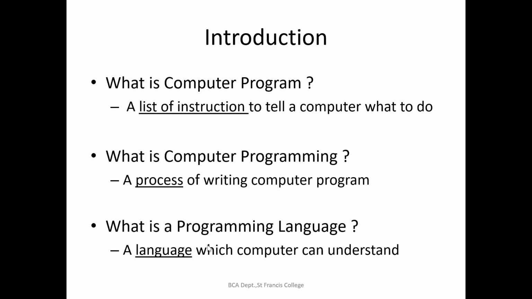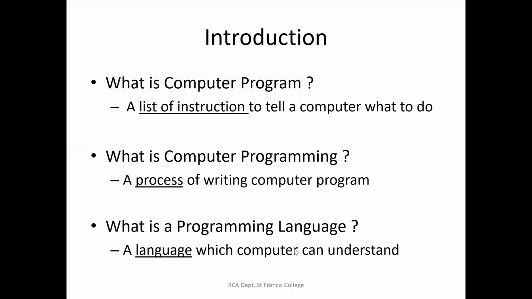Again, we saw the categories: high level language and low level language. The language which the computer directly understands is our machine level language or binary code. But for our ease, we write in high level language, and then the language translators convert it into machine level language, right?